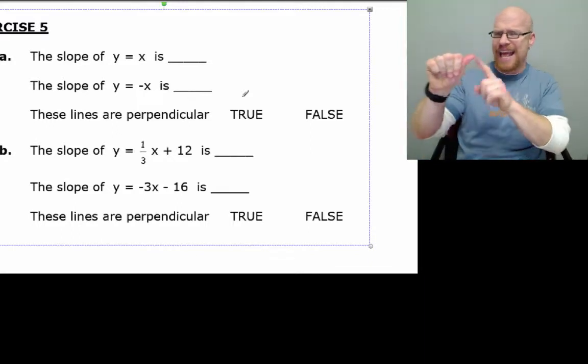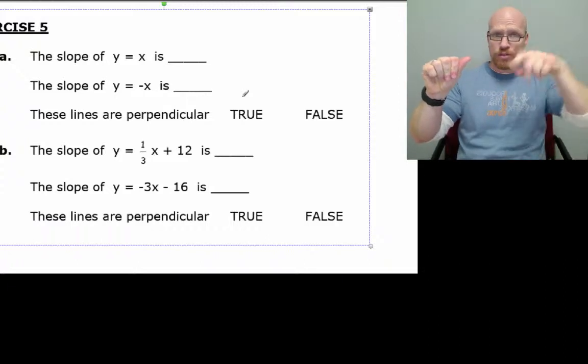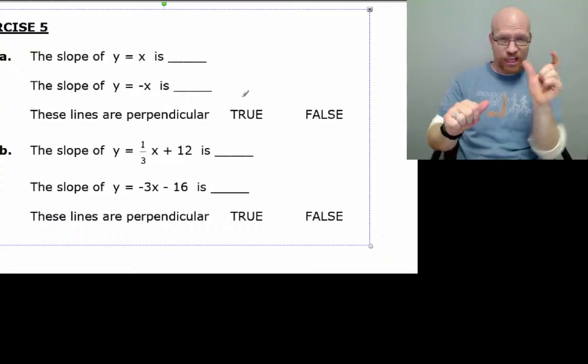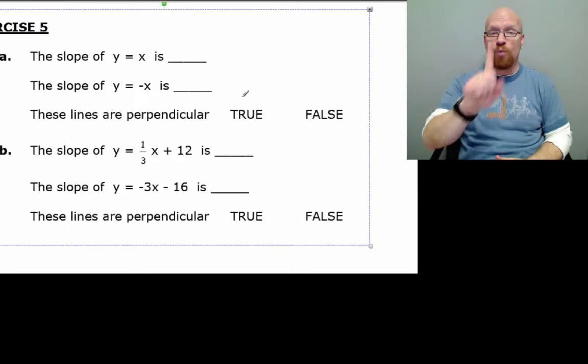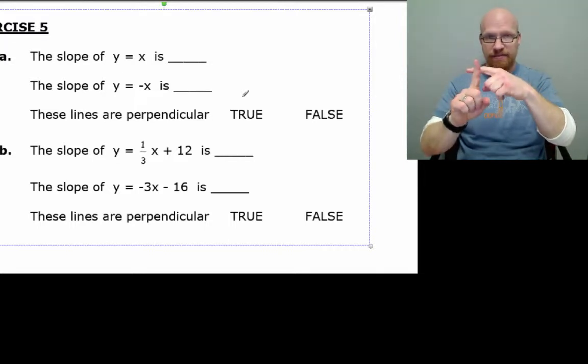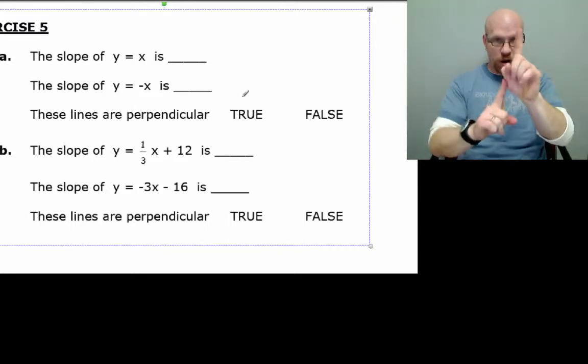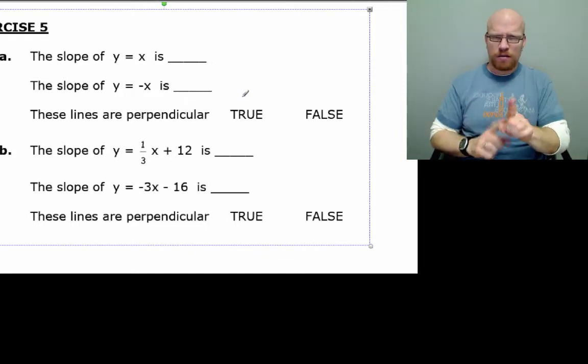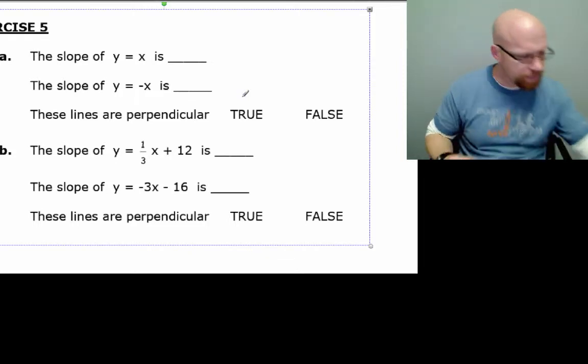So the first, in A, the slopes are the coefficient of the x term. We have 1x positive, so positive 1, negative 1. So hold on.